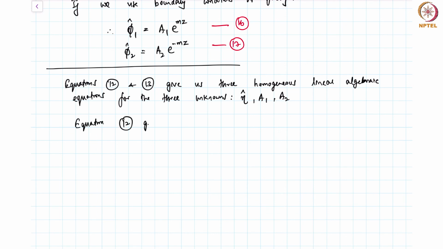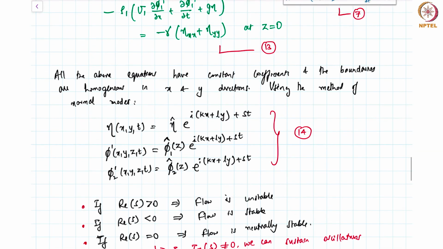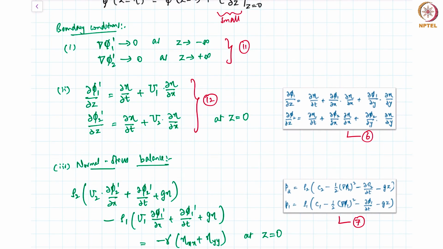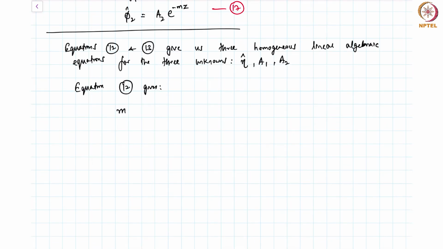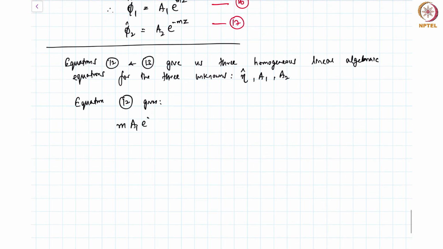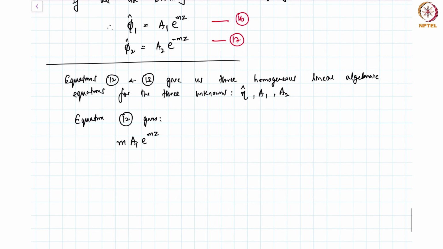Equation 12, what was equation 12 for us? Del phi 1 by del z is equal to del eta by del t plus u1 del eta by del x. So we have del phi 1 by del z, that is m times a1 e power mz. I'm not writing down the exponential term, that is exponential of i times (kx plus ly) plus st, because it will cancel out on both sides.